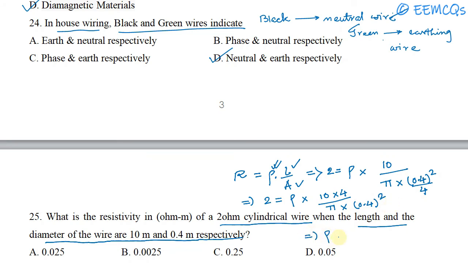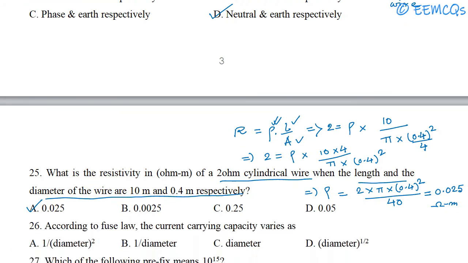Rho will be equal to 2 into pi into 0.4 square divided by 40. This will give you 0.025. So our answer will be 0.025 ohm meter. So option A here is the correct answer.